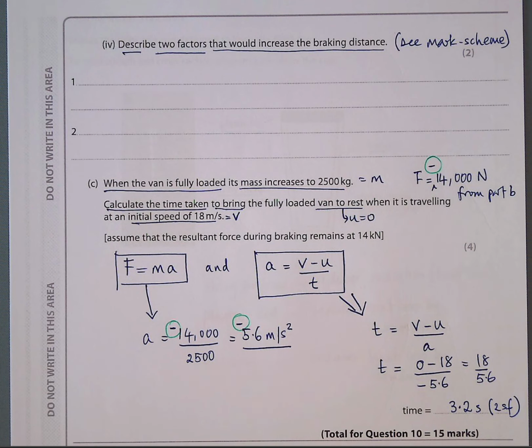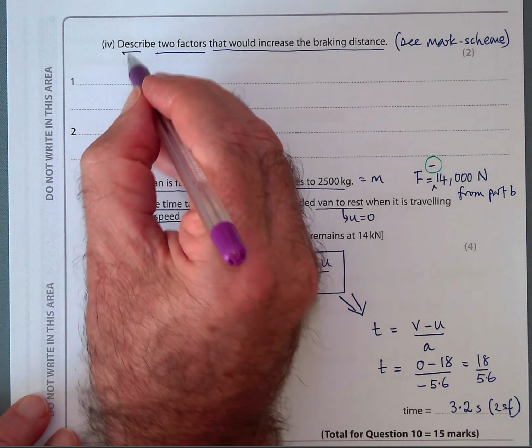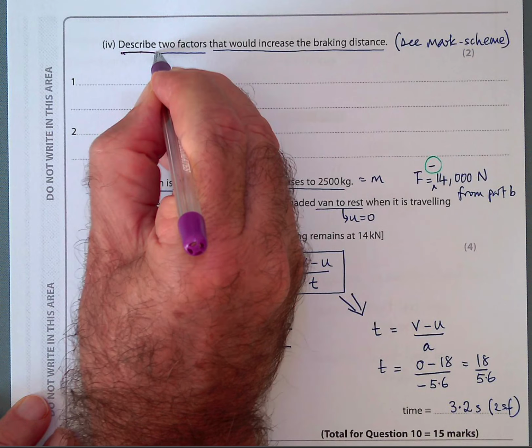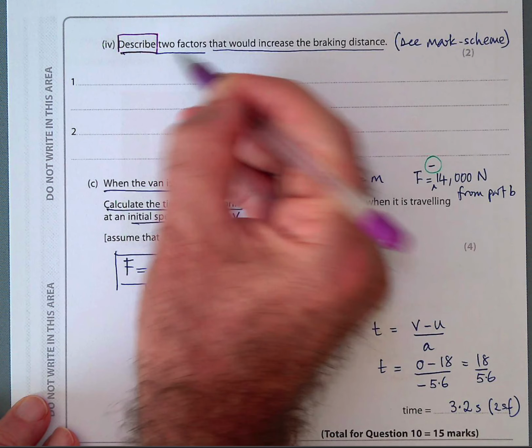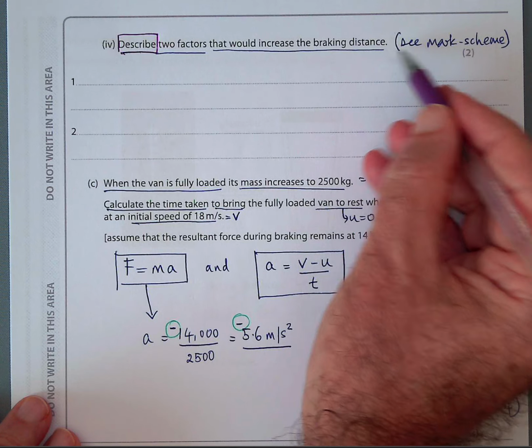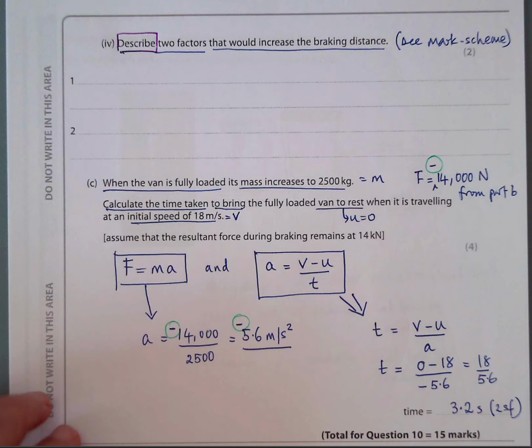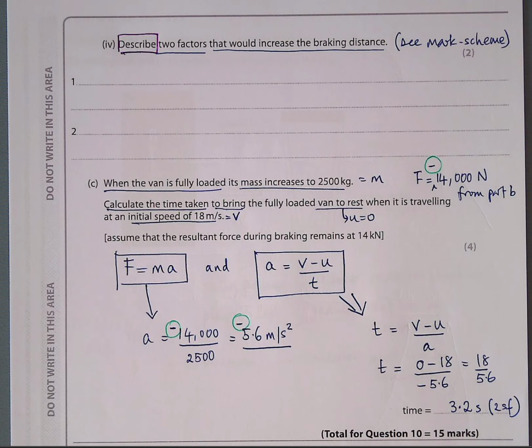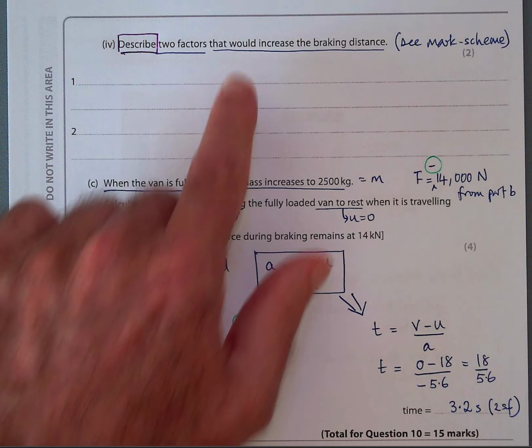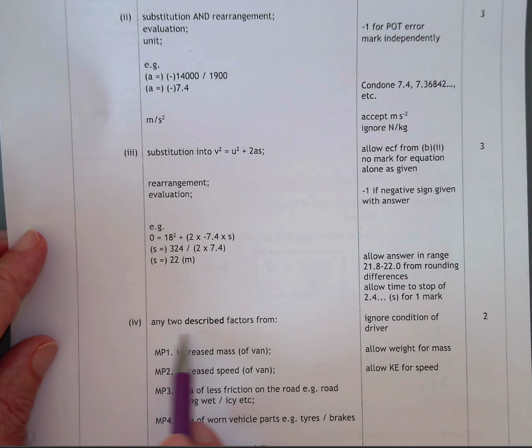It then says describe. So you've got to put more than just, not state, describe 2 factors that would increase the braking distance. Let's have a look at the mark scheme, because describing means you need to show that you've understood exactly what's going to increase the braking distance. Okay, so increasing the braking distance, you can have any of these.